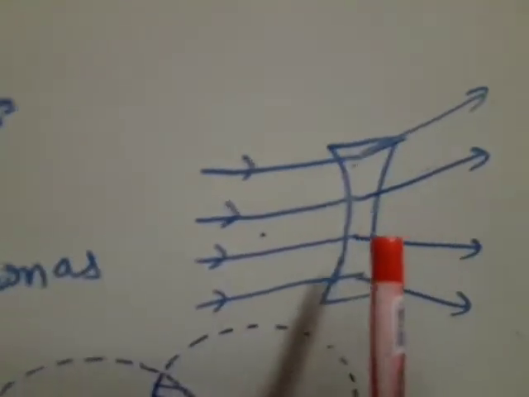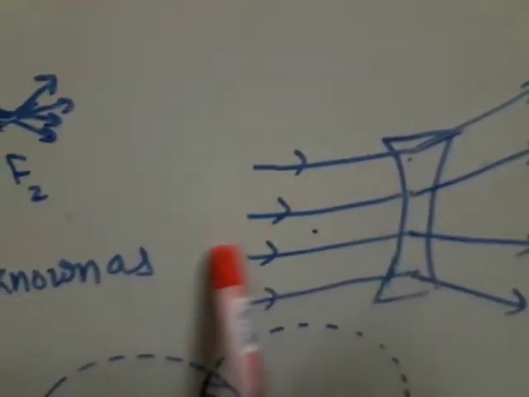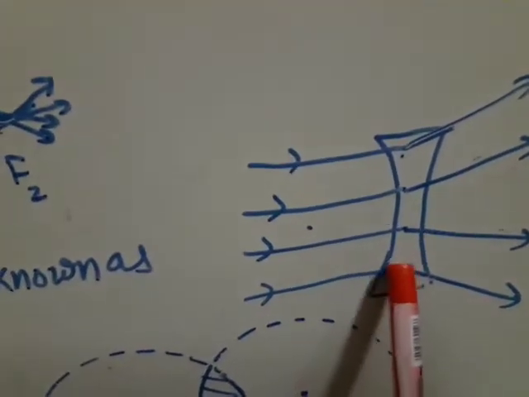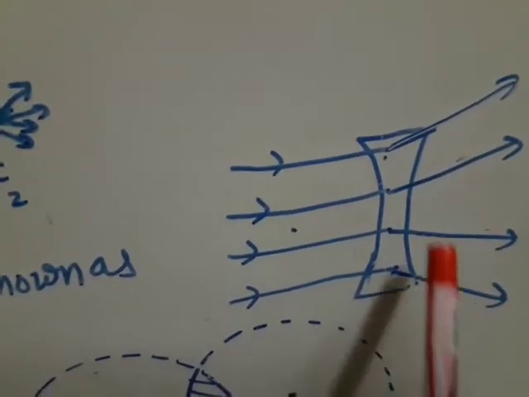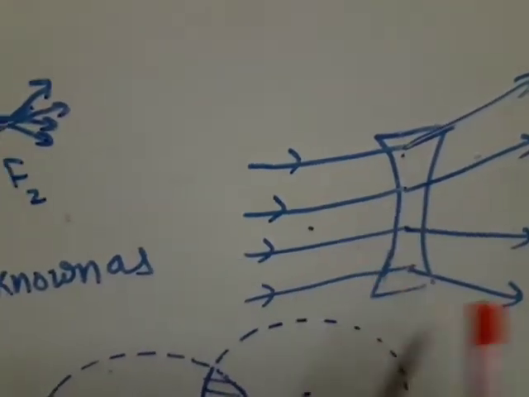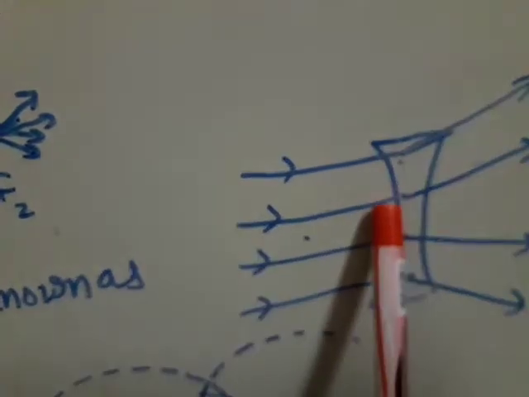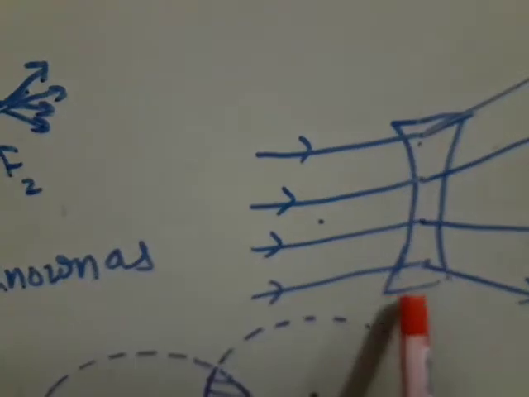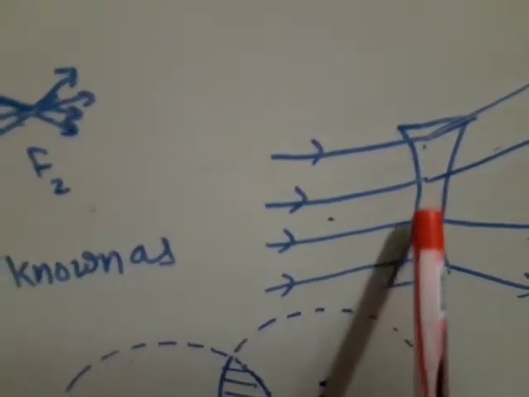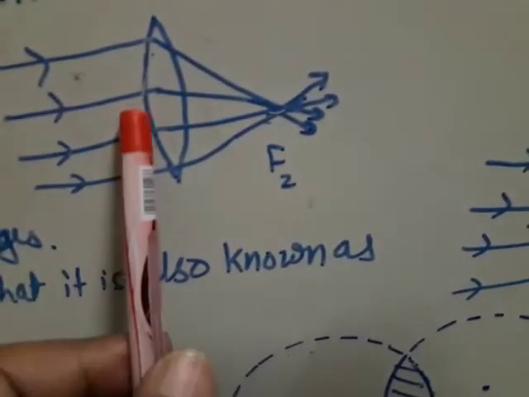For a concave lens, all the parallel rays diverge after refraction, so this is known as the diverging lens. A concave lens is thinner at the middle and thicker at the edges. So this is the difference between a convex lens and a concave lens.